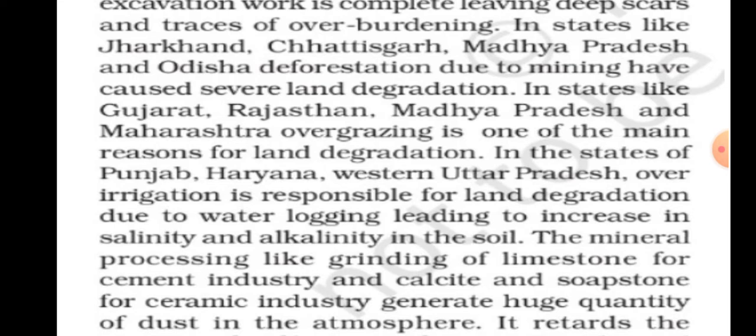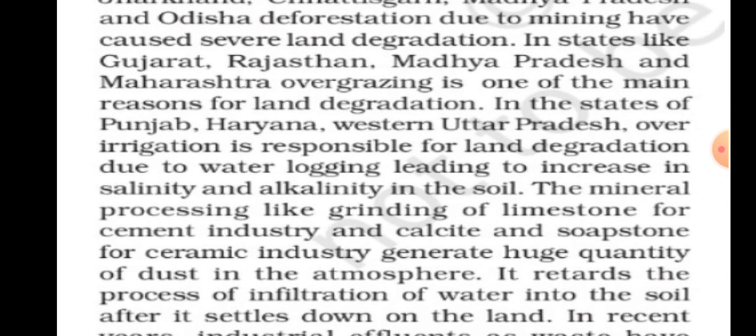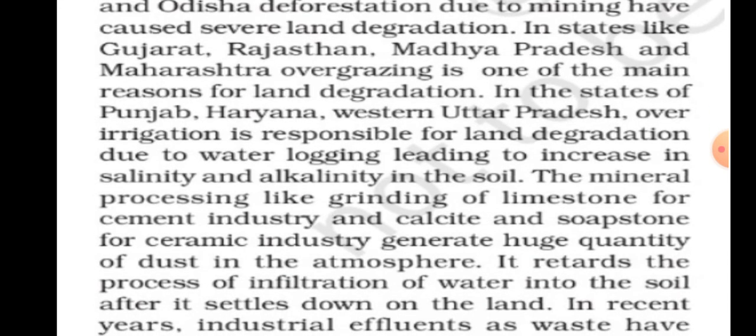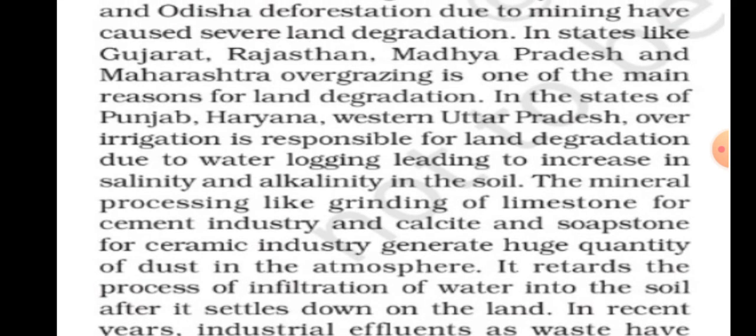In states like Gujarat, Rajasthan, Madhya Pradesh and Maharashtra, overgrazing is one of the main reasons for land degradation. In the states of Punjab, Haryana, Western Uttar Pradesh, over irrigation, providing more water to the crops, is responsible for the land degradation.